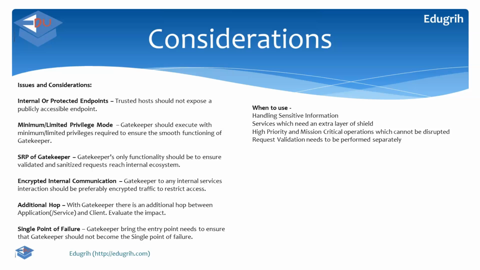Any and every internal endpoint or API should be an internal endpoint, and the Gatekeeper is the one which should create an interface which works as an external interface on behalf of the internal endpoint.